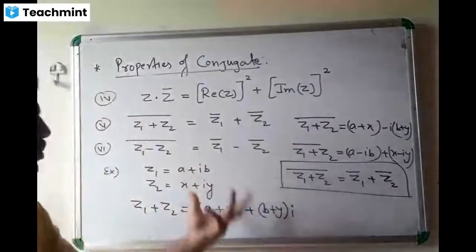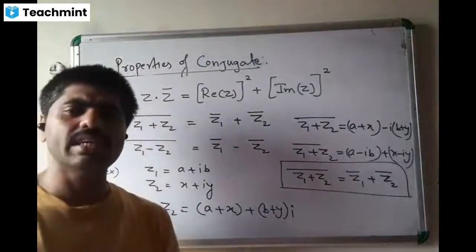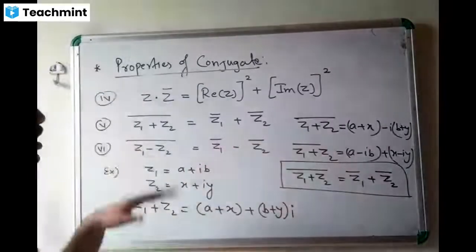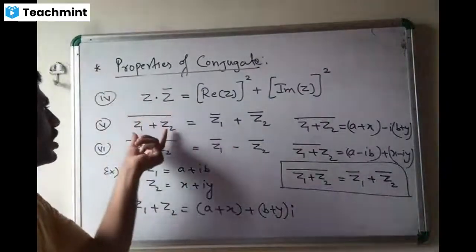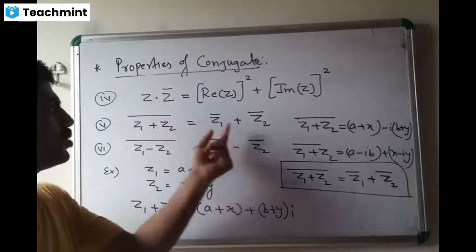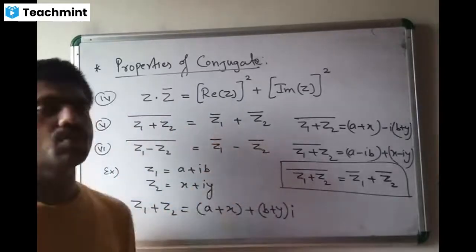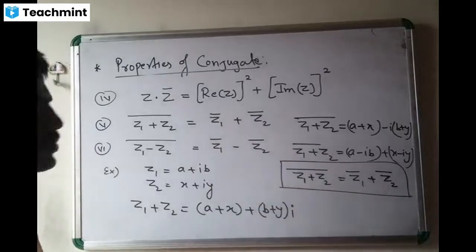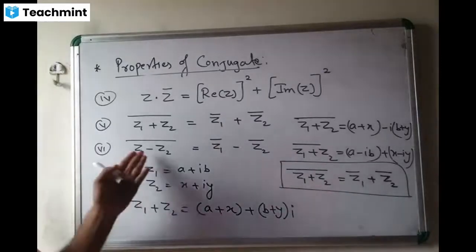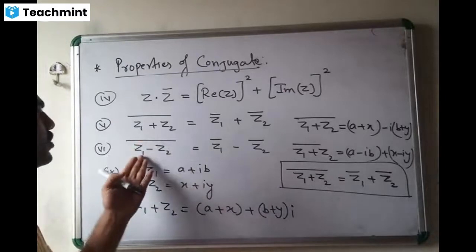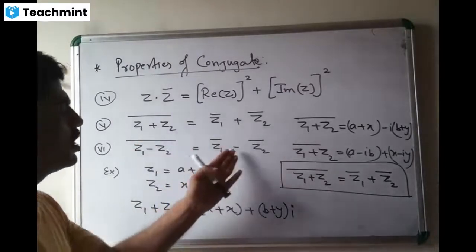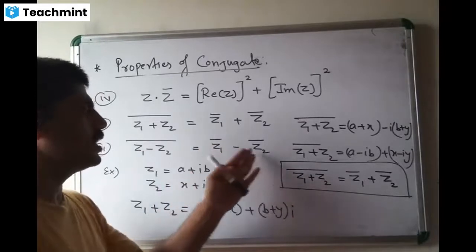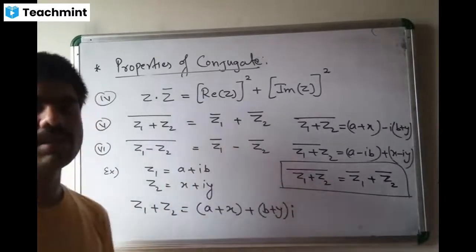So in this way you will be verified, and you can take any example and you will be verified also. So this is very, very important, beta. The conjugate of the sum of the two complex numbers is equal to the sum of the conjugates of the two complex numbers. Similarly, you will find the difference also. Conjugate of Z1 minus Z2 is equal to the difference of the conjugates of the first and the second complex number.